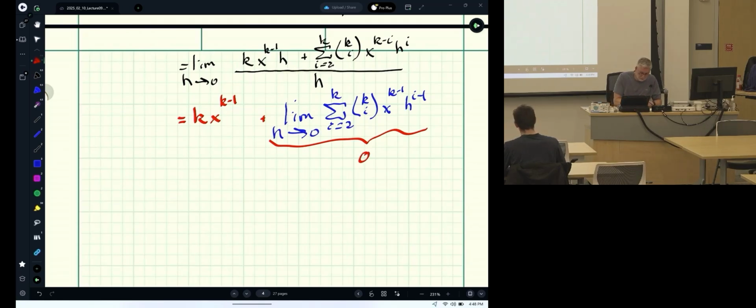And so the answer is d by dx of x to the power k equals k x to the k minus 1. The coefficient comes down, as you guys remember, and then you subtract 1 from the exponent.